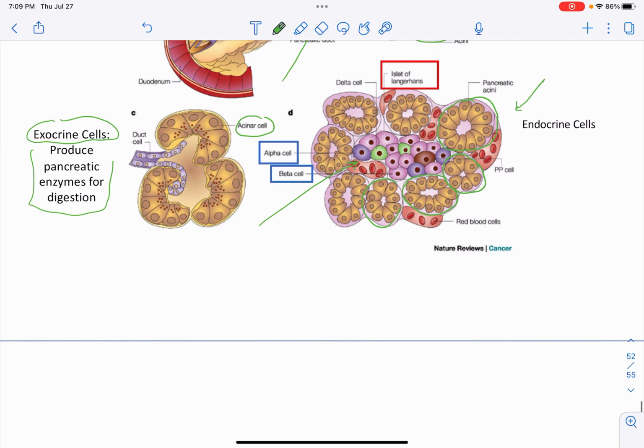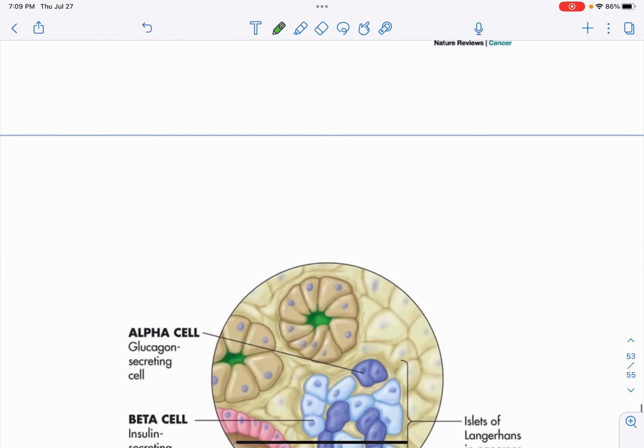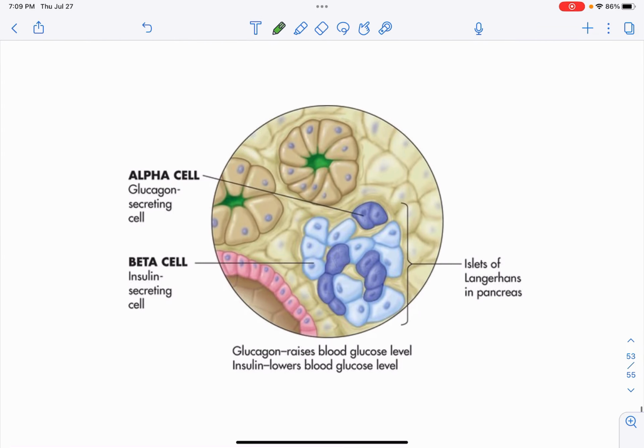Again, it's just a brief introduction of what they are. So the alpha cells are the ones that are producing glucagon, and the beta cells are the ones that are producing insulin. And this is going to regulate how much glucose is in our blood at all times.